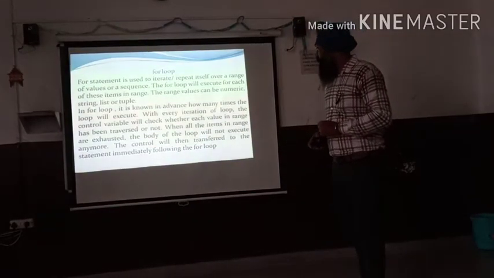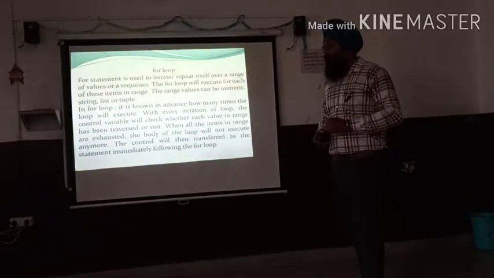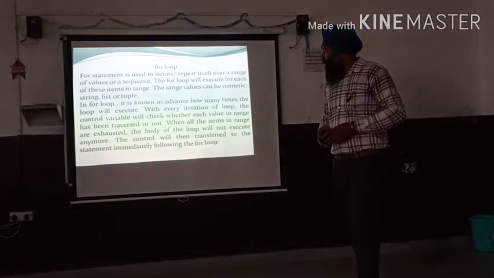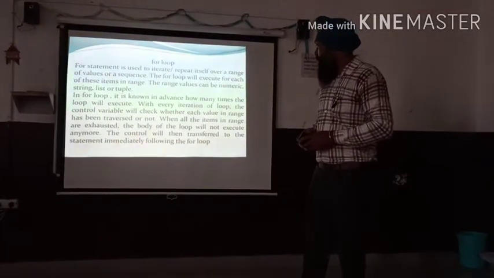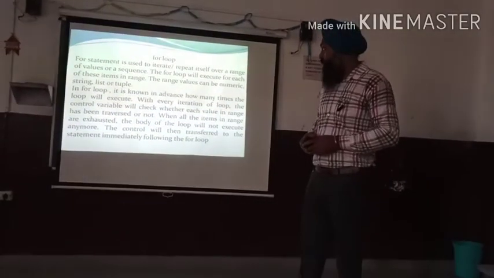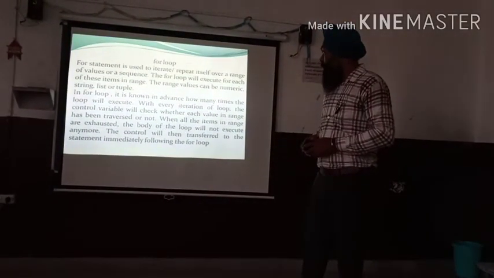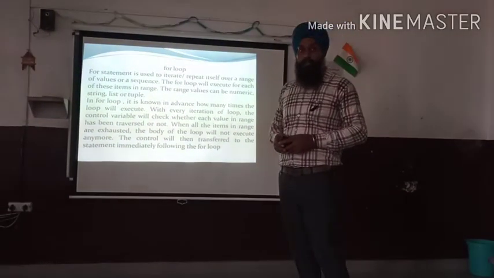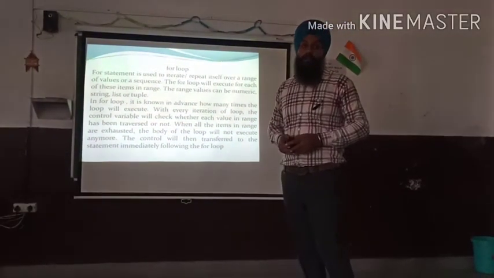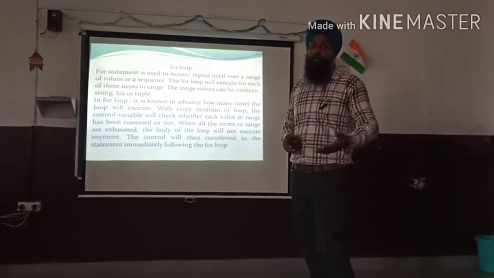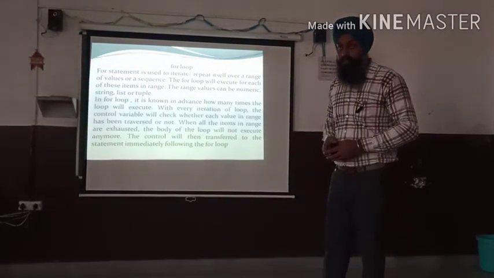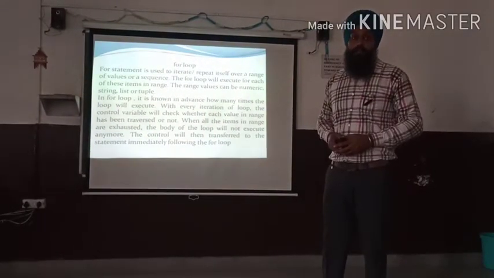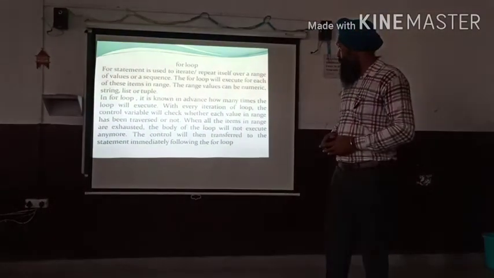With every iteration of the loop, the control variable will check whether its value is in range or not. When all the items in range are exhausted, the flow of control will go out of the loop and the statements which are outside the body of the loop will start executing.